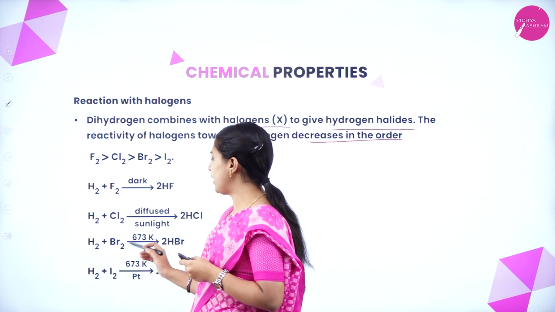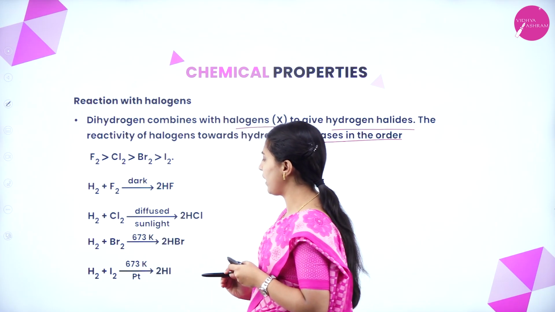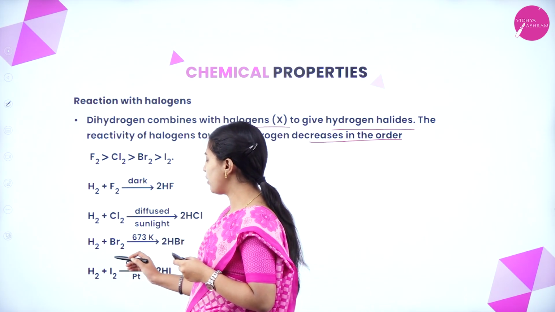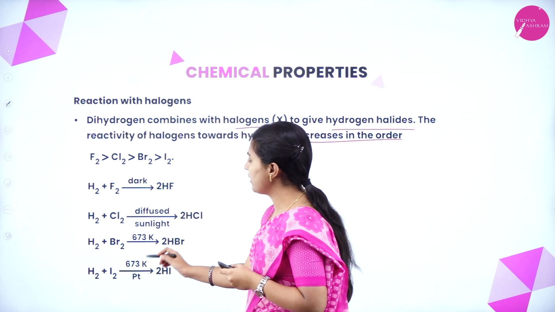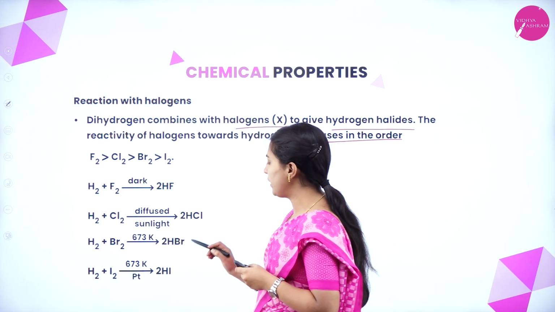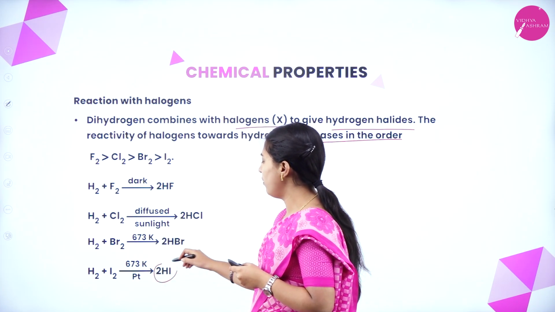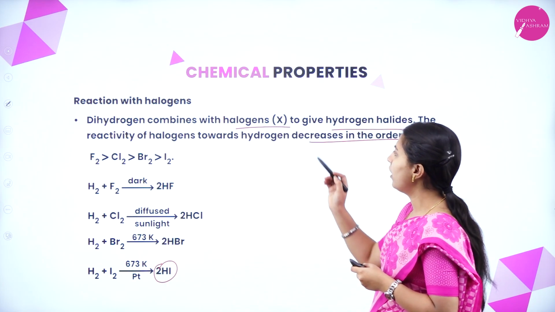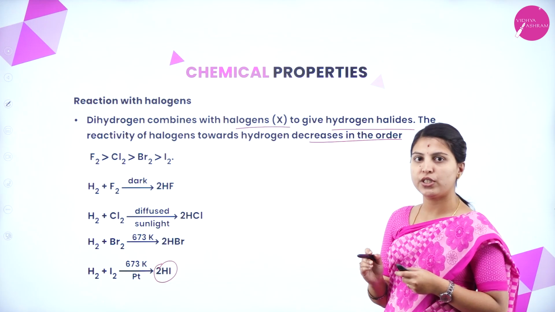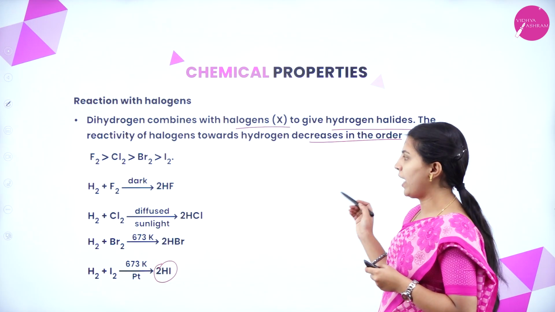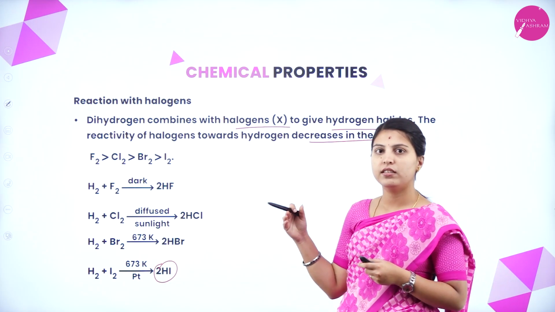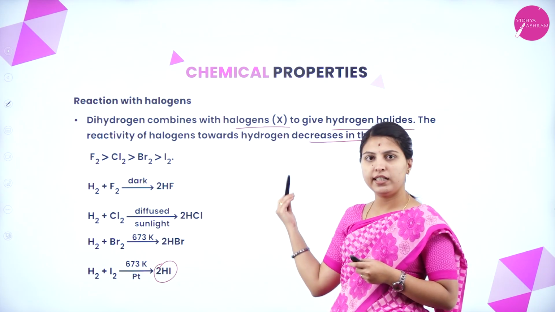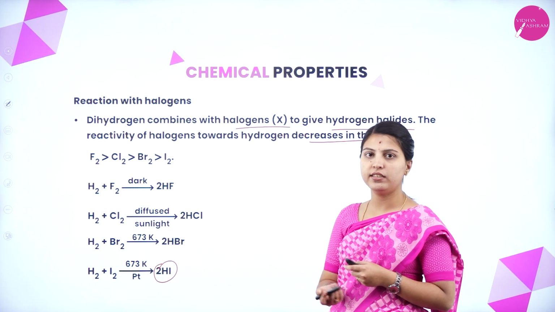H2 and Br2 at 673 Kelvin form HBr, hydrogen bromide. Hydrogen and iodine at 673 Kelvin in the presence of platinum catalyst form hydrogen iodide. So dihydrogen combines with halogens to form hydrogen halides, with fluorine the most reactive and iodine the least.